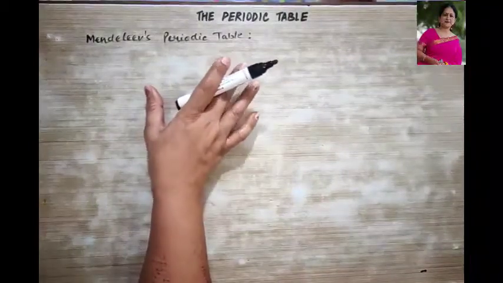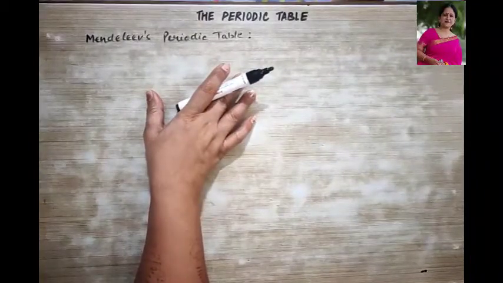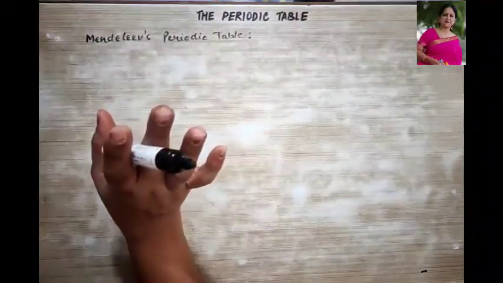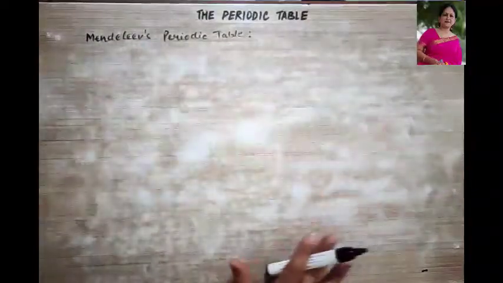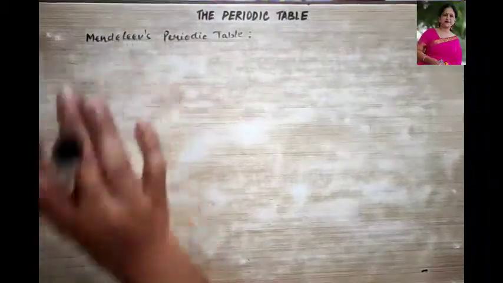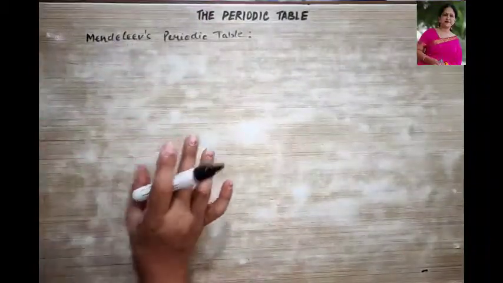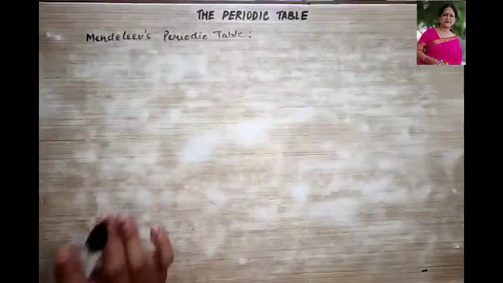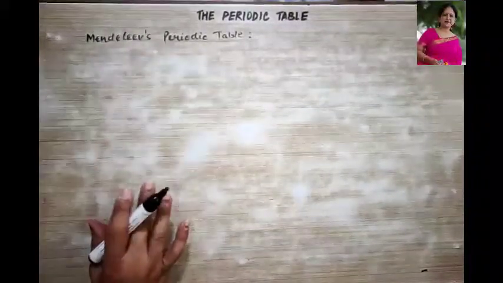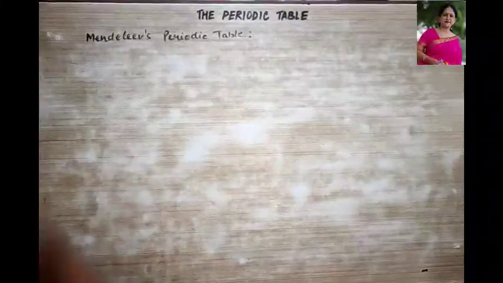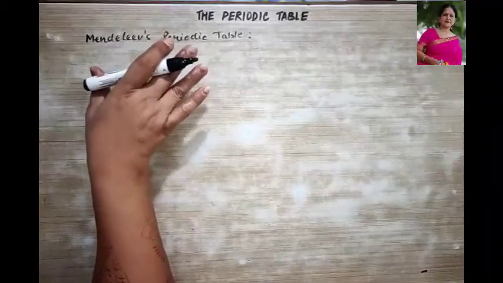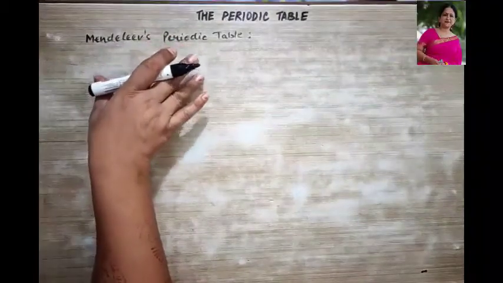He was a Russian chemist, and he arranged all the then known 63 elements in the form of a complete table. Till now, none of the scientists had arranged those 63 or 65 elements in the form of a table. He was the first chemist who arranged the elements in a form of a table, right? So this point is very clear, and therefore it is known as Mendeleev's periodic law.